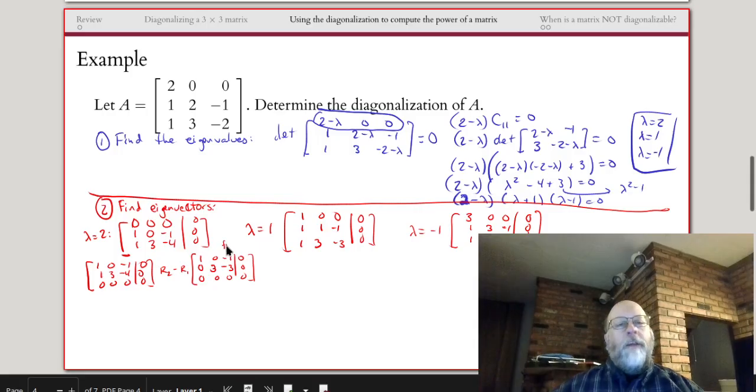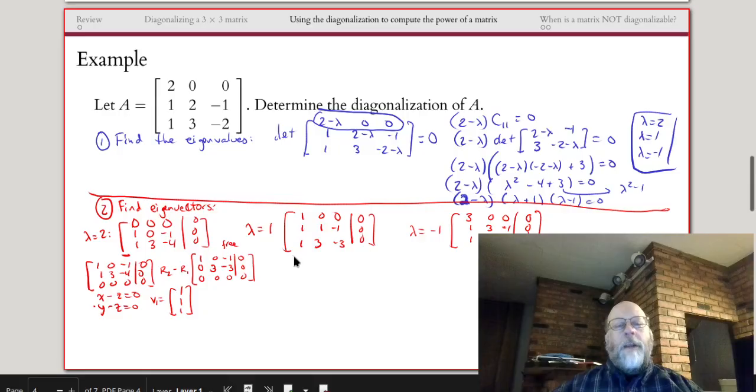And so z is free. And we're told that x minus z is 0. And if I divide by 3, I get also y minus z is equal to 0. So z could be any non-zero number, and x and z are the same. And so our first eigenvector is 1, 1, 1.